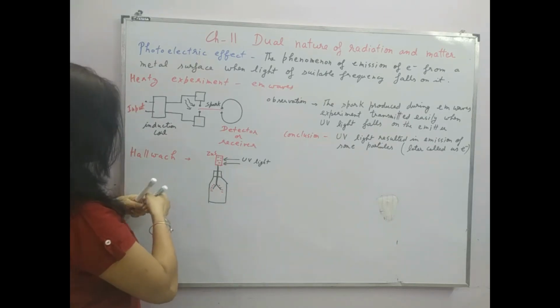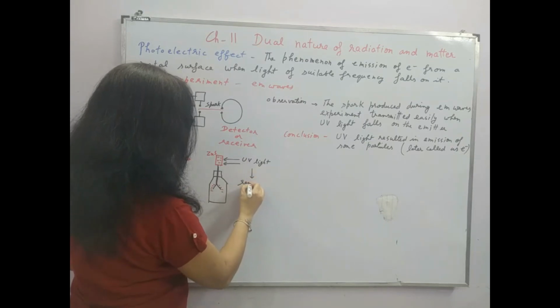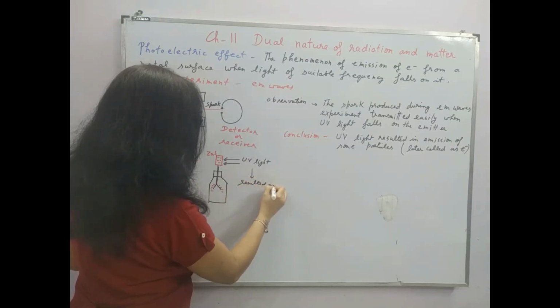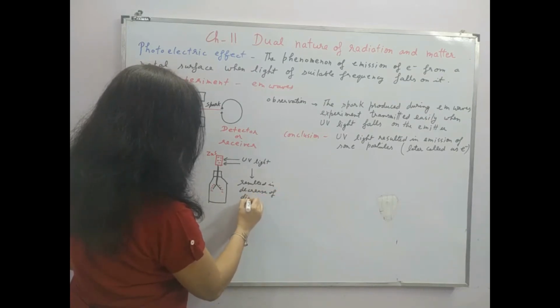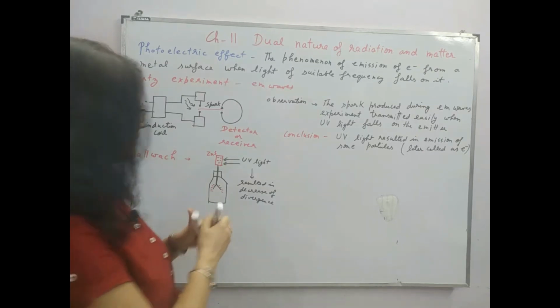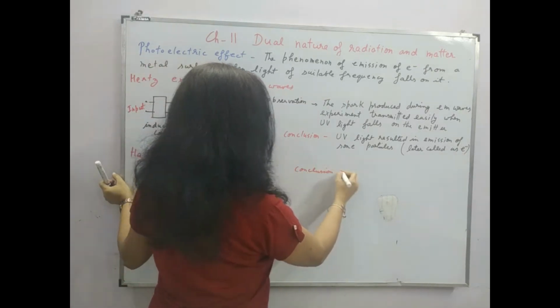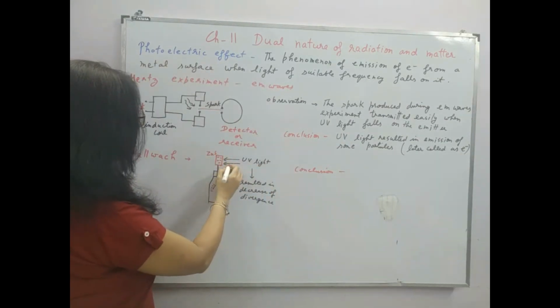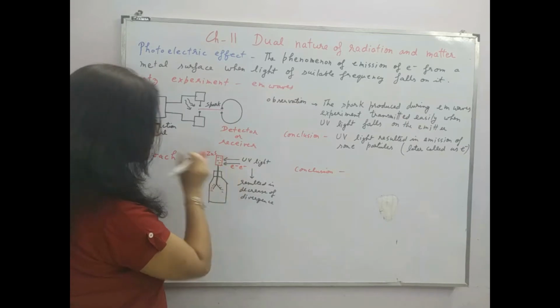What does that mean? When UV light falls, it results in a decrease of divergence. So what is the conclusion here? The conclusion is that UV light resulted in emission of some particles, that is electrons.